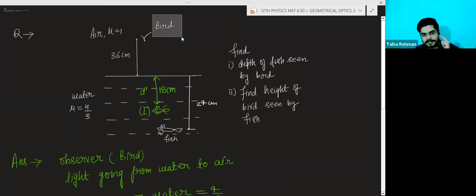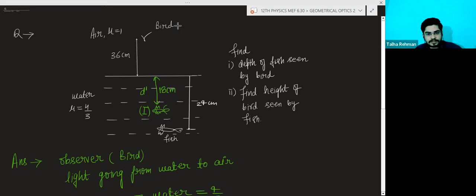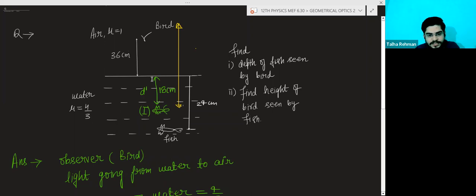They are saying depth of the fish seen by the bird, which means the distance between the bird and the fish. So we have to add this 36 plus 18.